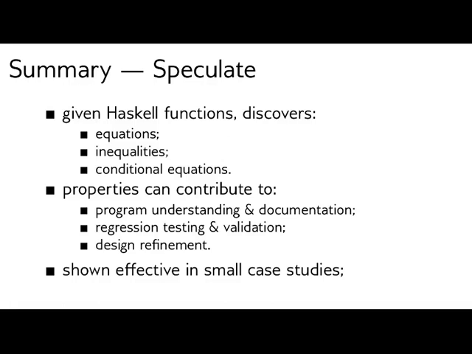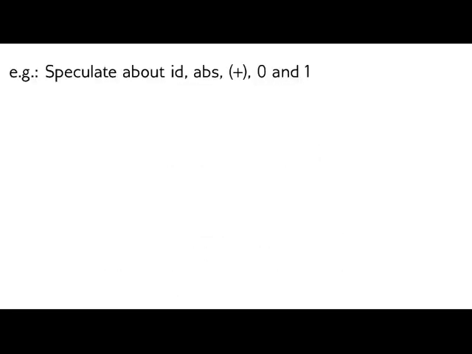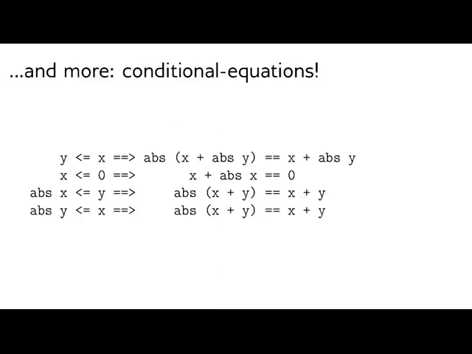You mentioned having to do some work to avoid redundant equations and inequalities. Are there sorts of redundancies that you can still not handle? Yes. One example is in the first slide. Right at the start, I showed you those four conditional equations. The last two are just rewritings of one another.